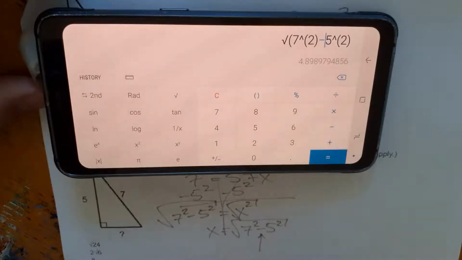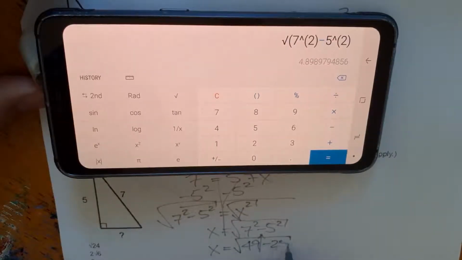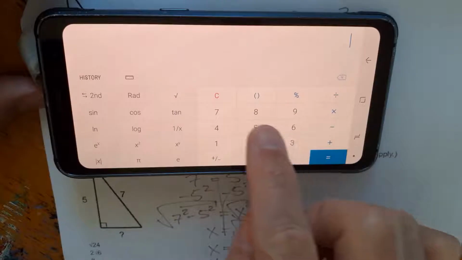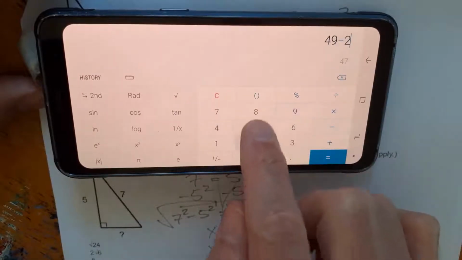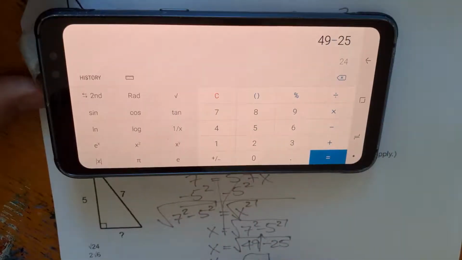All right, let's do this. X equals square root. I should look at my answer choices. 49 minus 25, right? 24.